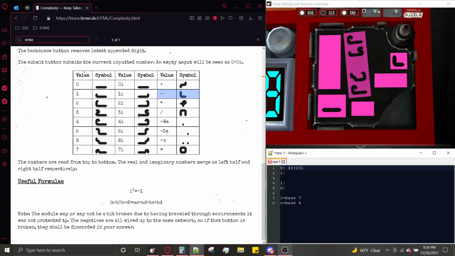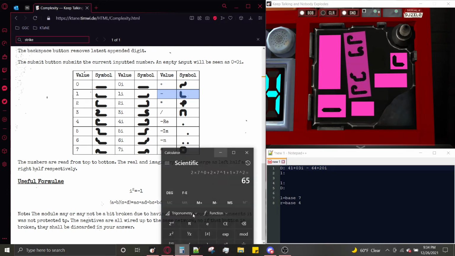Now that's our first thing we're going to put in our equation. This is subtraction, and now we do the other number. This is 6, and this is 4, plus this is 2, and this is 0. It's on the right side of the line, so this is going to have an i after it.